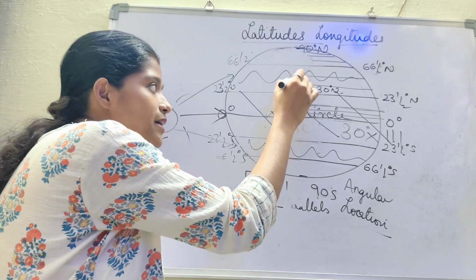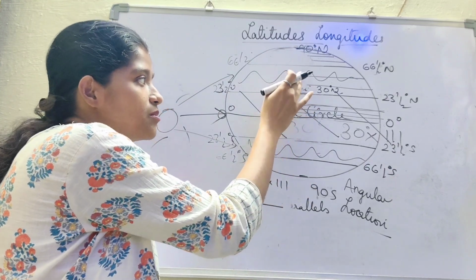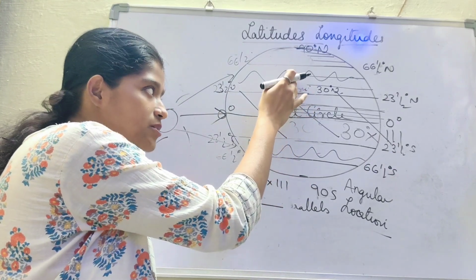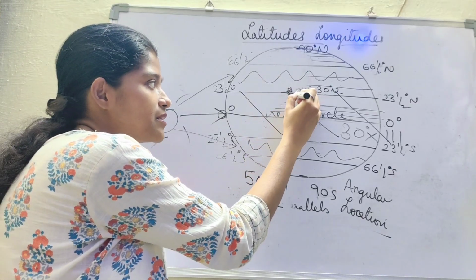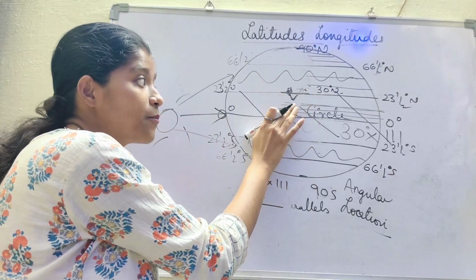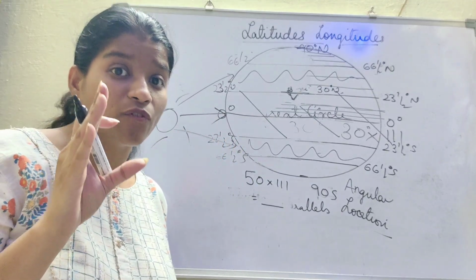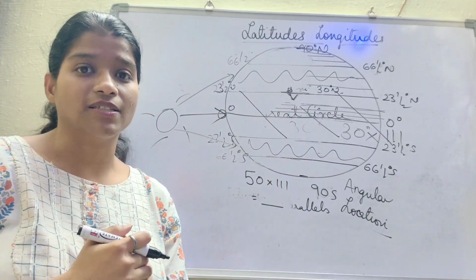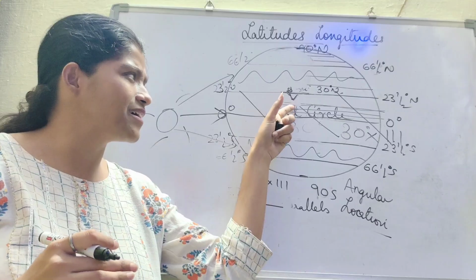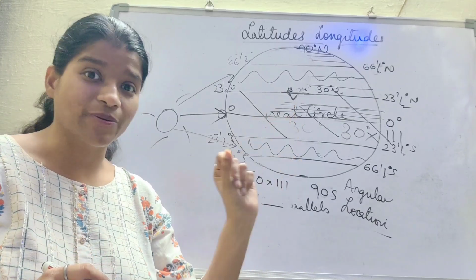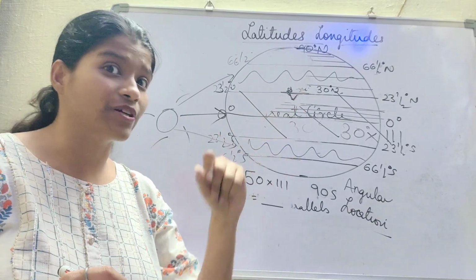The northern part lies in the subtropical and temperate zone, and the southern part of India lies in the tropical zone. That's why South India is comparatively warmer than the northern states, because it lies a little closer to the equator, in the torrid zone.